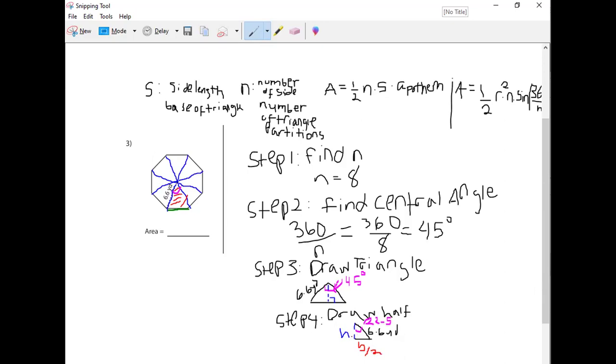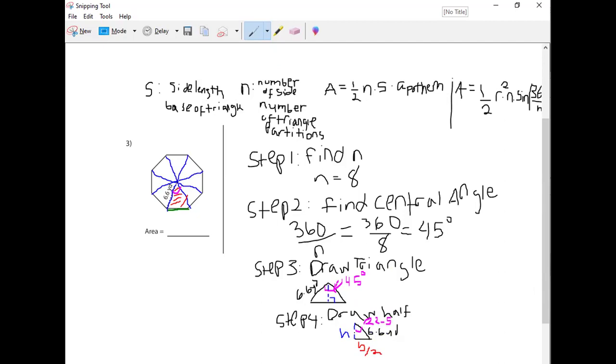All right, so now we're going to find height and our base with what we know. First I will solve for height. In relation to my angle, I see my angle is 22.5 and the height is adjacent to that 22.5. And one thing I know for sure is the 6.6 yards, my circumradius.